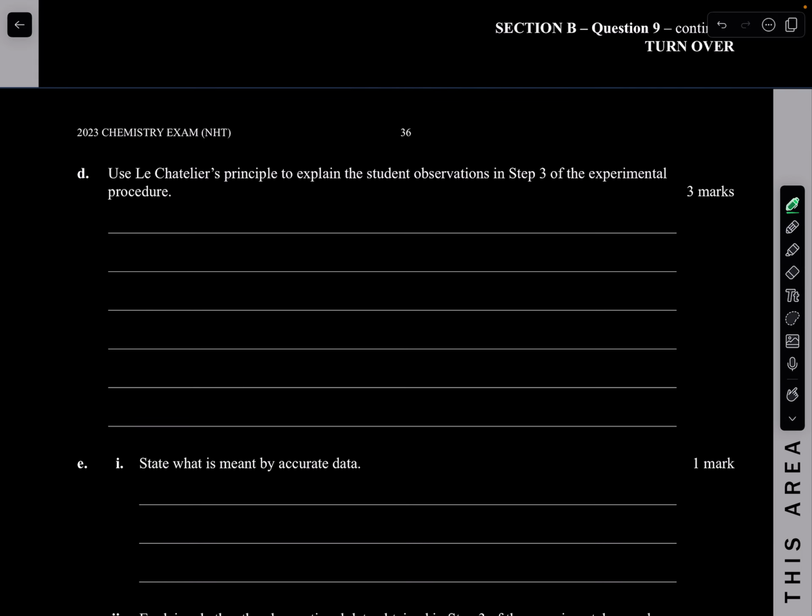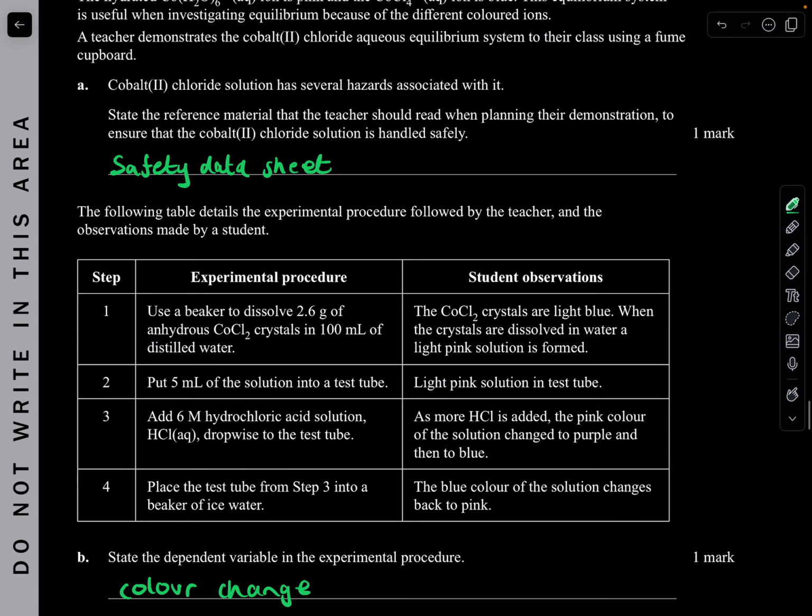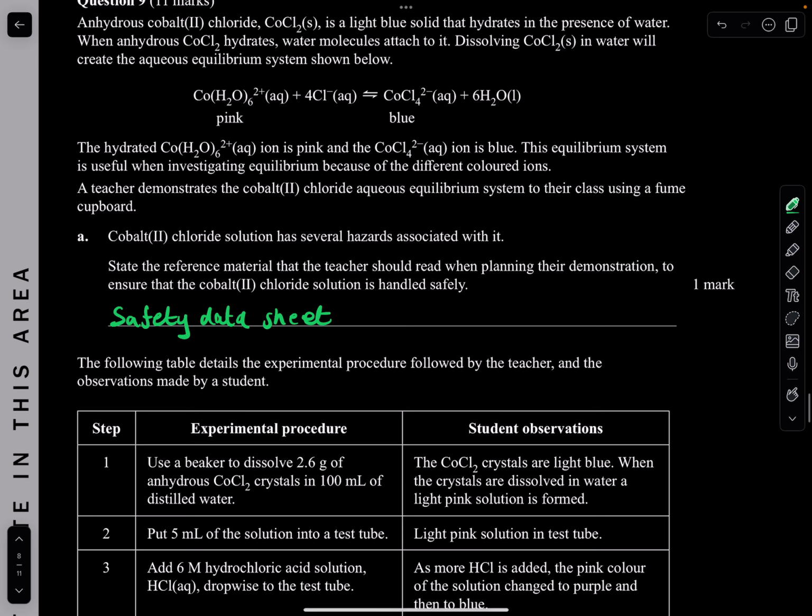Use Le Chatelier's principle to explain the student's observations in step 3 of the experimental procedure. What was step 3 again? Add 6 moles of hydrochloric acid solution dropwise. We just explained this, remember? They added HCl, which increased the concentration of chloride ions. The system was at equilibrium, and now equilibrium is disturbed.